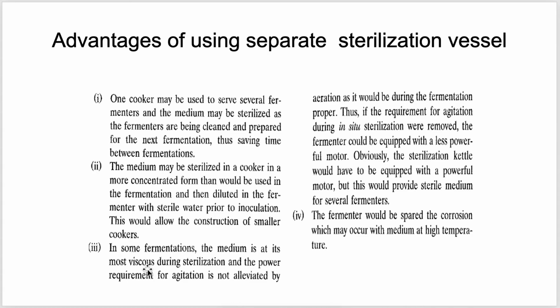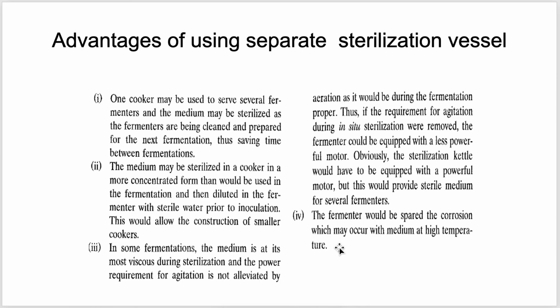A very strong motor will be costlier, and it may also cause more shear forces, which will be damaging for our fermentation process. We can avoid this problem by doing the sterilization in a separate vessel. In that case we don't need a very strong motor in our final fermenter. Rather, we can substitute the strong motor with a less powerful motor.